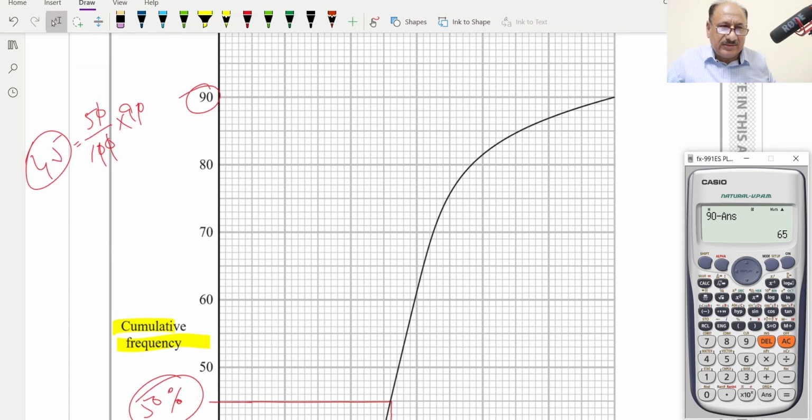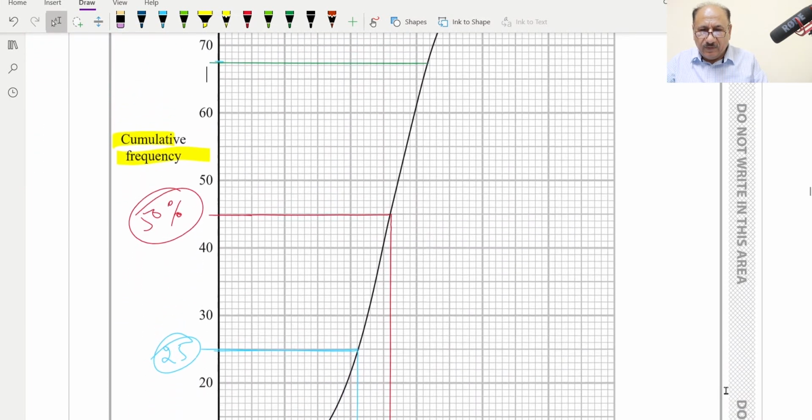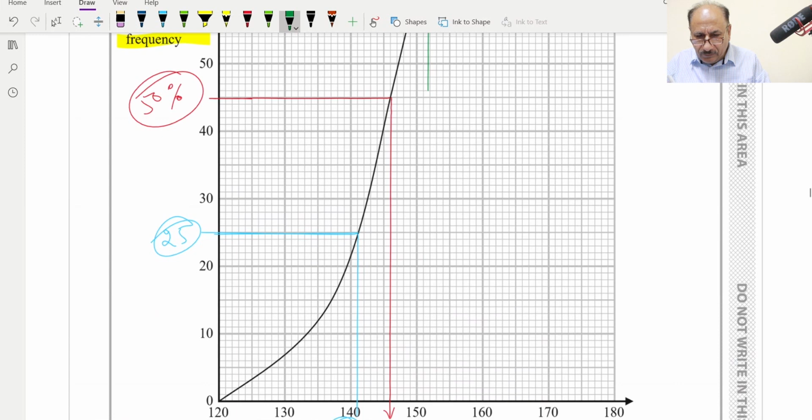67.5 will be the upper quartile, roughly over here. So this reference we can draw over here, and we can check this reference. From here we can draw a reference line and join this one over here.